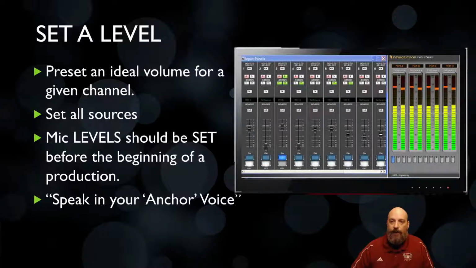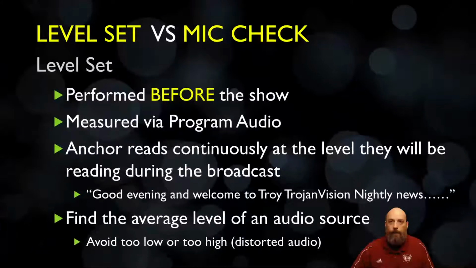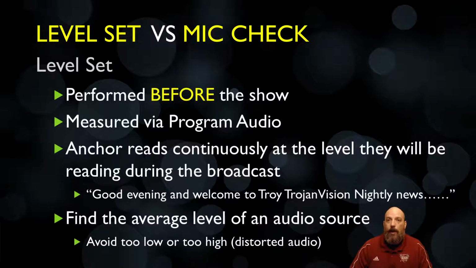So by setting the audio before the production begins, you know it's going to be at an ideal level. So when we do, there's two ways we can listen to audio. We do what's called the level set, and then later on we will do a confidence check called a mic check. So a level set is done before the show.